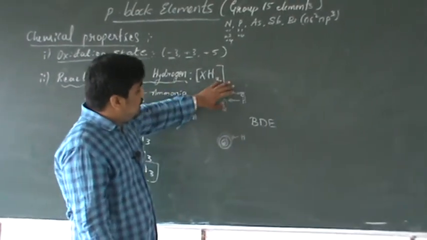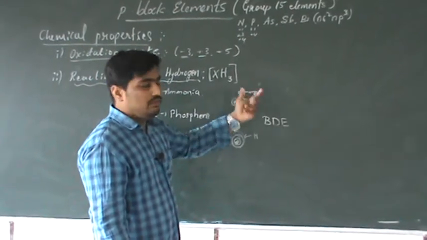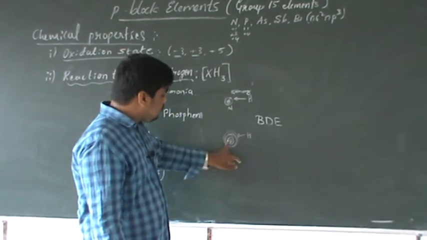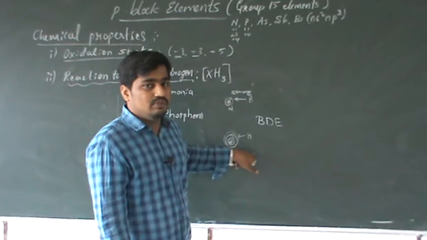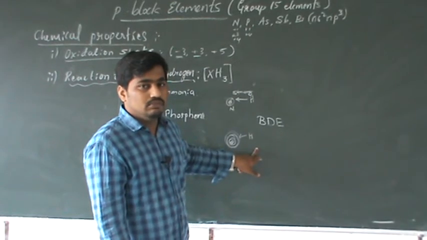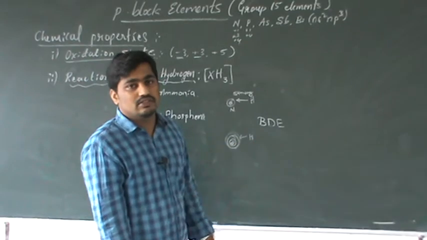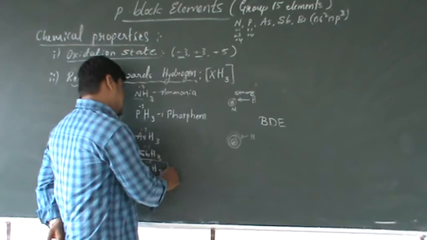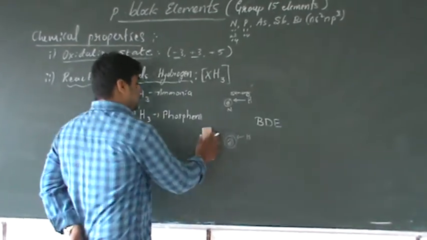In the case of nitrogen hydride, bond dissociation enthalpy is very high because of the strong force of attraction by hydrogen. In the others, it is weakly attracted, so small energy is enough to break the bond between hydrogen and the 15th group element. So bismuth hydride is unstable and does not exist. Please remember the concept. Okay.